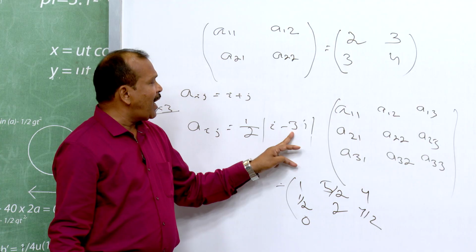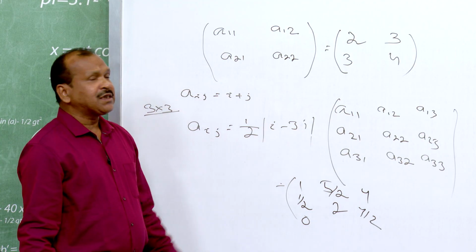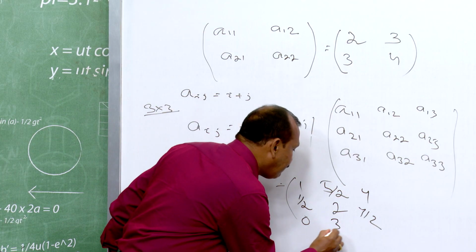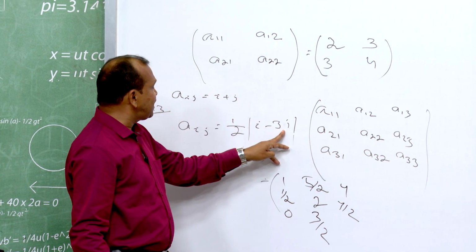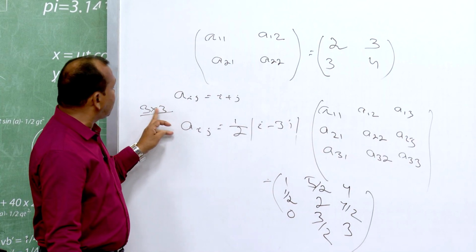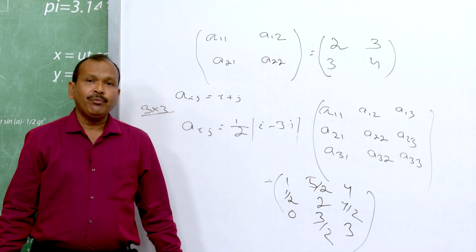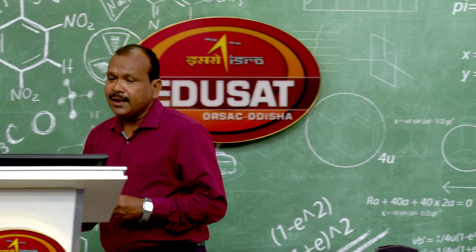Similarly, A32: 3 minus 3 into 2 is 6, 3 minus 6 is minus 3, the mod becomes 3, that is 3 by 2. Similarly, A33: 3 minus 9 is minus 6, 6 by 2 becomes 3. This is a 3 cross 3 matrix where Aij is half times the modulus of I minus 3j.